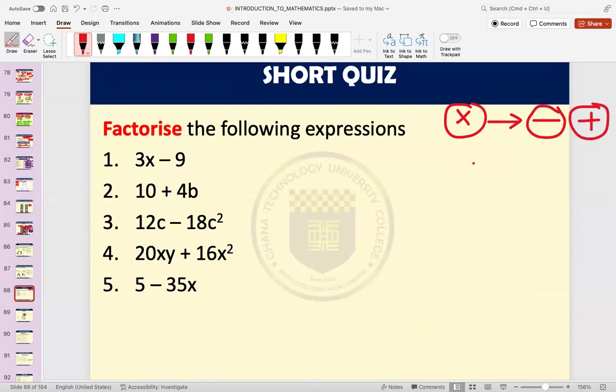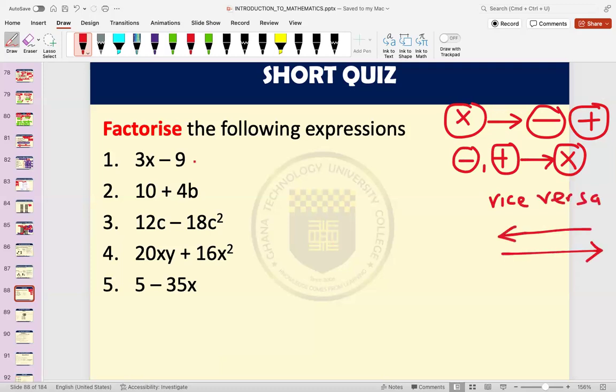And it can also be the reverse, how we can also change subtraction or addition and make it multiplication. So this can be by, we move to the right. Let's work it out here.